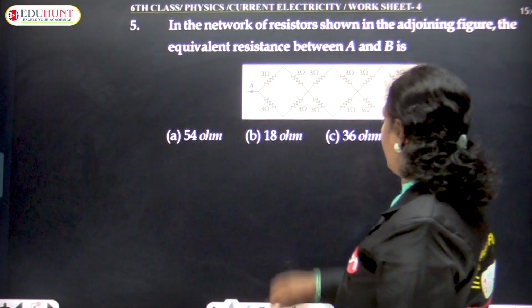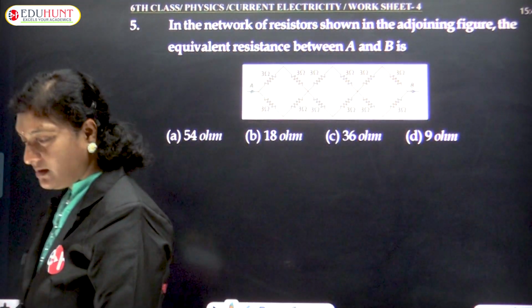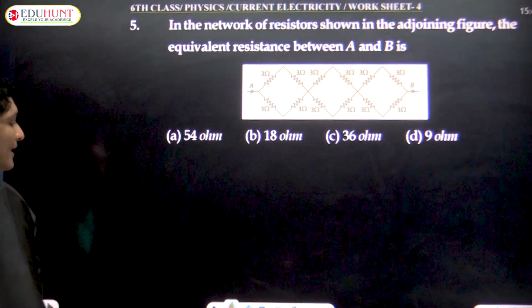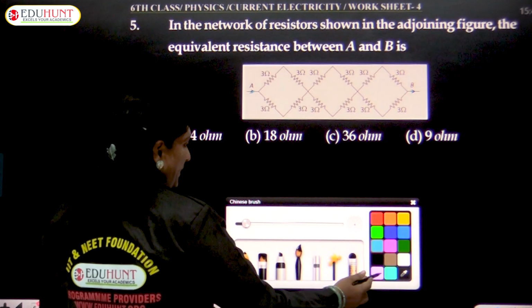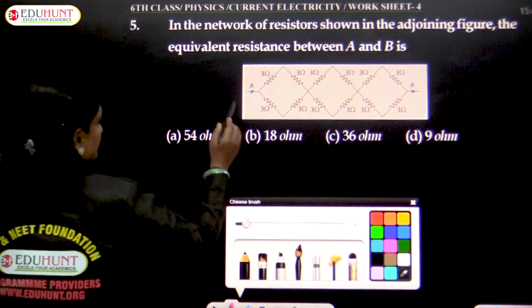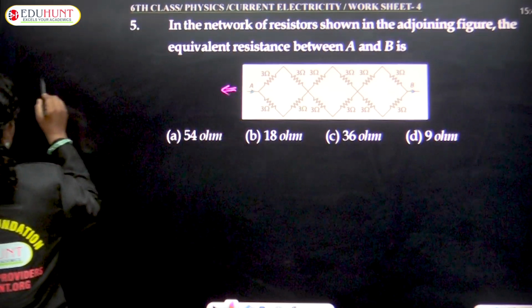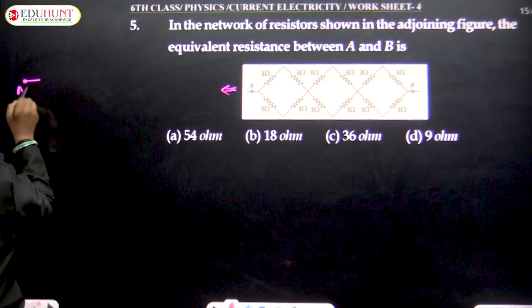A and B are fixed. I am just changing the shape of the picture to make you understand in a better way. Terminal A is fixed.